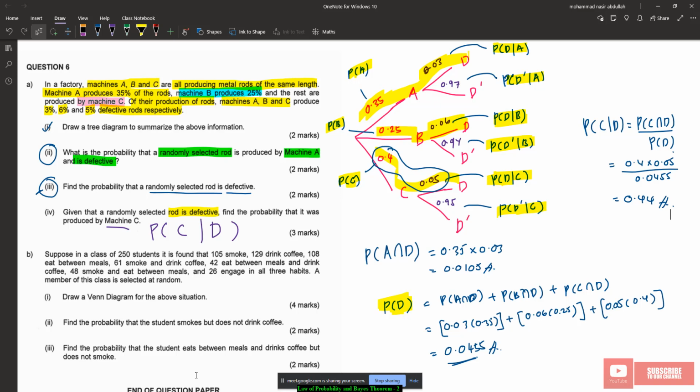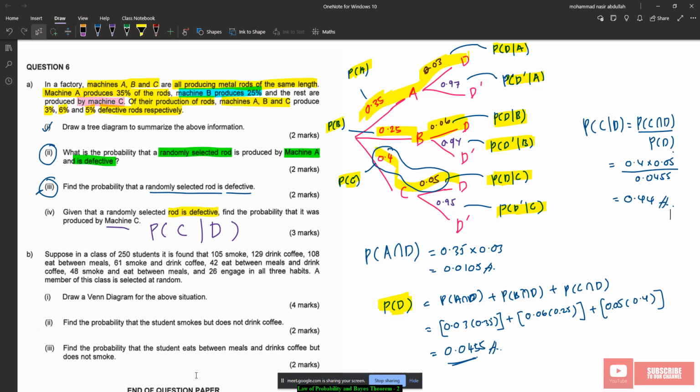For the multiplicative rule, there are two formulas we already learned. When A and B are independent, another one is A and B are dependent. So when A and B are dependent, we are taking from conditional probability. We also learned conditional probability: probability of A given B is equal to probability of A intersect B divided by probability B. It is vice versa. And then we also learned Bayes theorem.